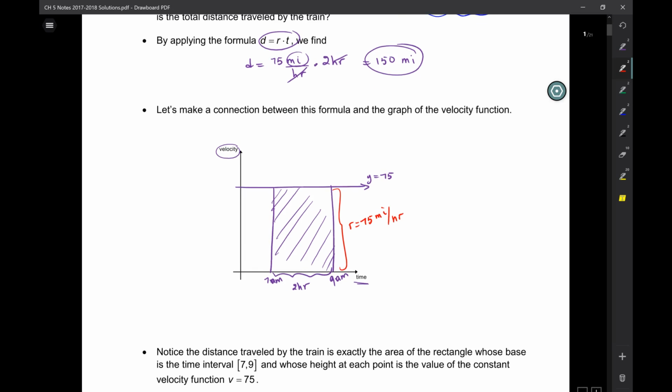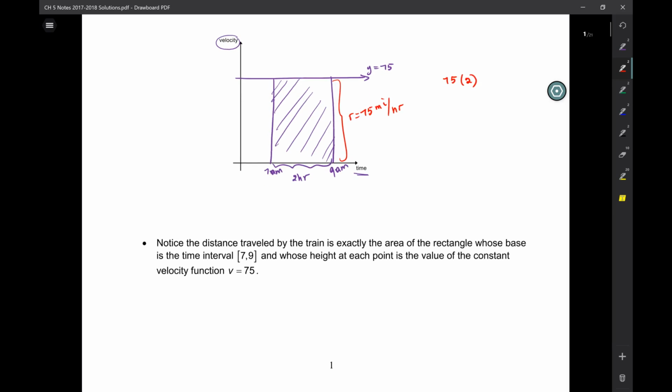So when I multiply 75 times 2, what of the rectangle am I finding? The area, right? So by finding the area of the rectangle, that gave me the distance that the train traveled. So, the distance traveled is exactly the area of the rectangle.